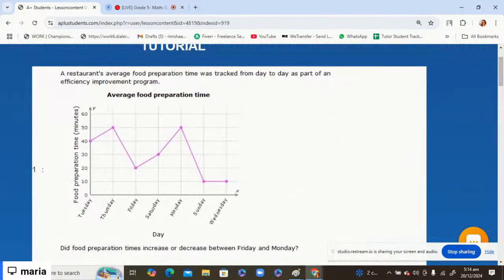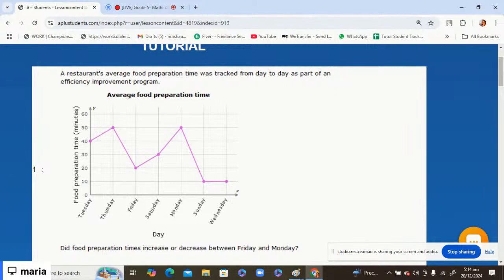Number of days are given on the x-axis. Okay, this straight line is called the x-axis, where it's written x. And on the y-axis, it's food preparation time in minutes. Days are given: Tuesday, Thursday, Friday, Saturday, Monday, Sunday, Wednesday. And the time is given from 0 to 60 minutes.